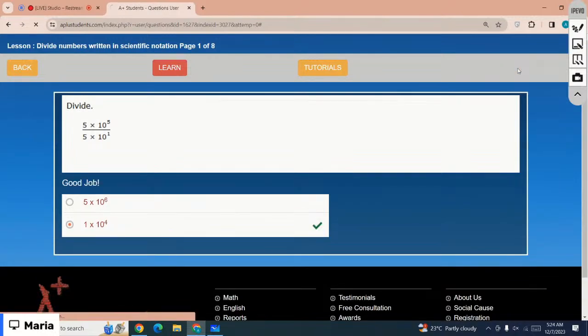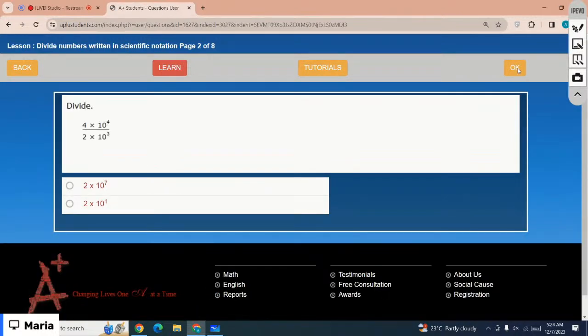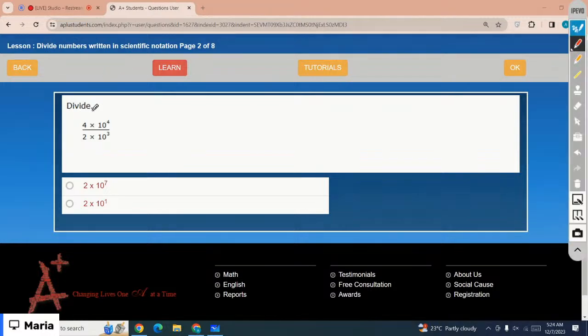Okay, the next one is divide. So which is the correct option? So what you have to do, you simply have to divide 4 by 2. 4 by 2 equals 2.